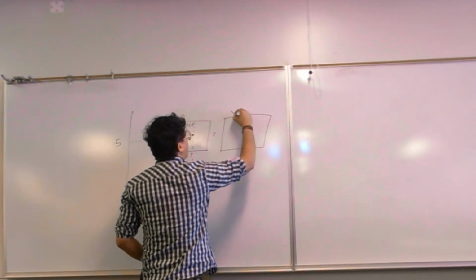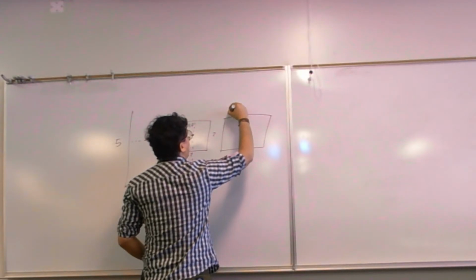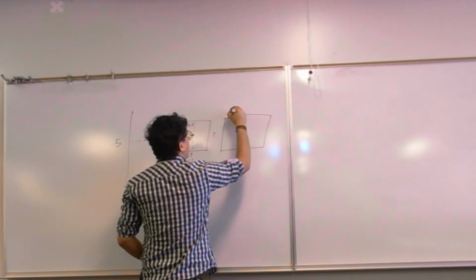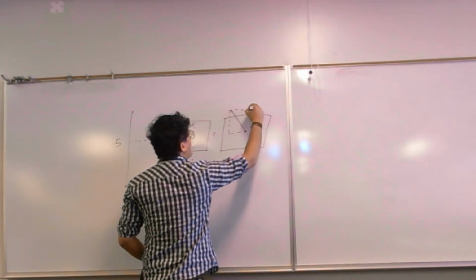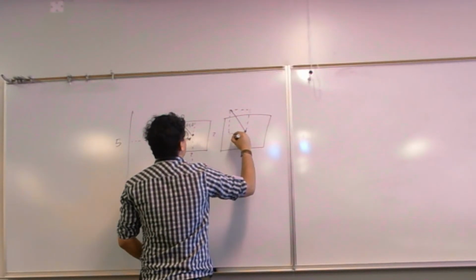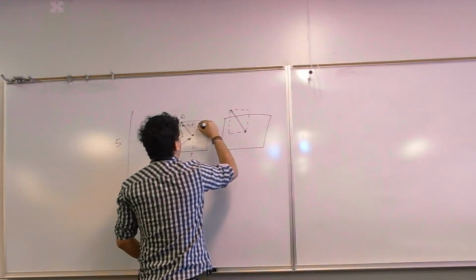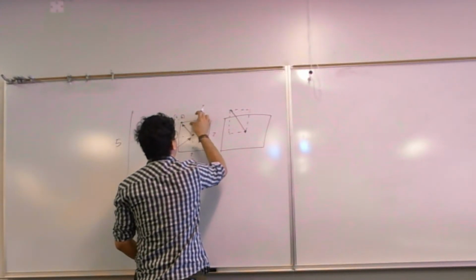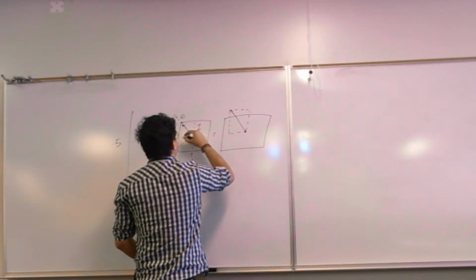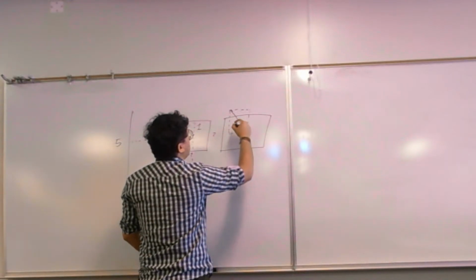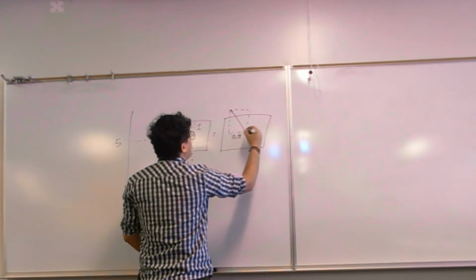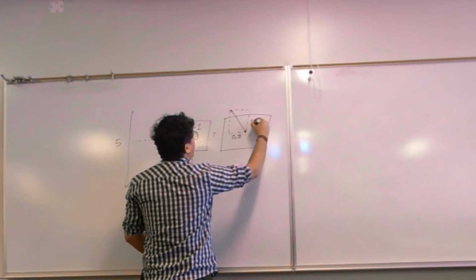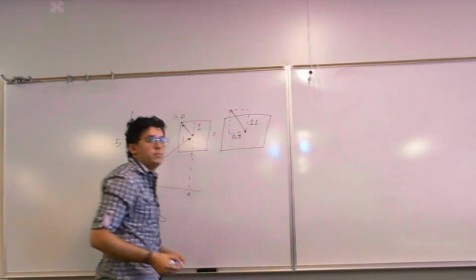So we're rotating it a little bit. Instead of being 1-to-1 here, it's going to be 0.9 here and 1.1 here.